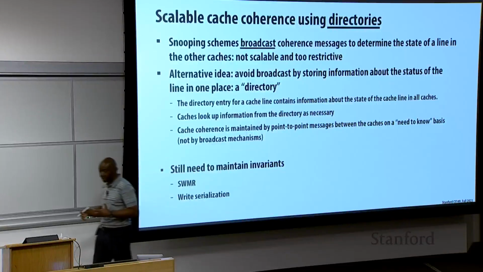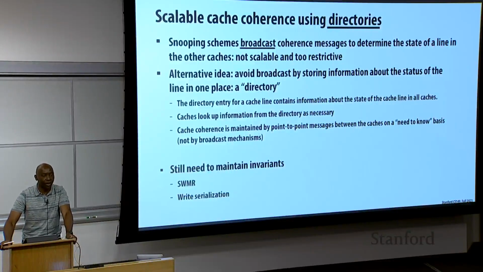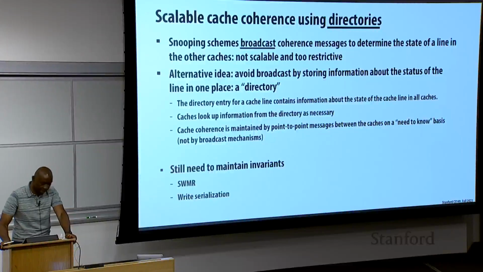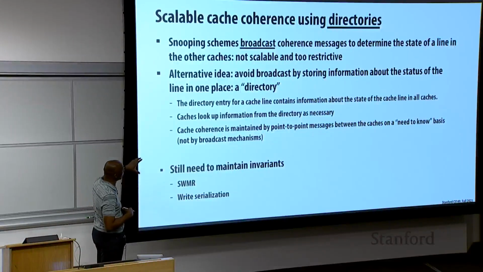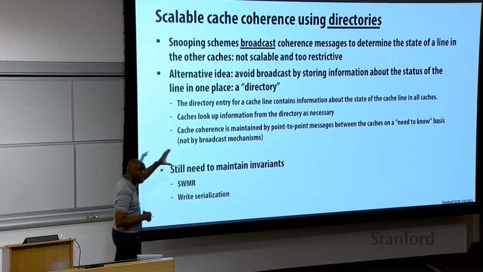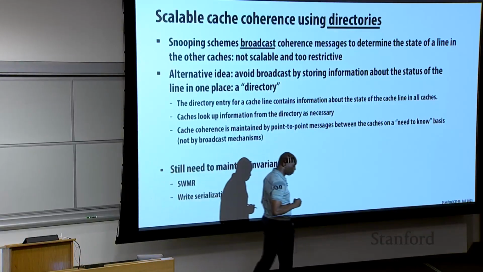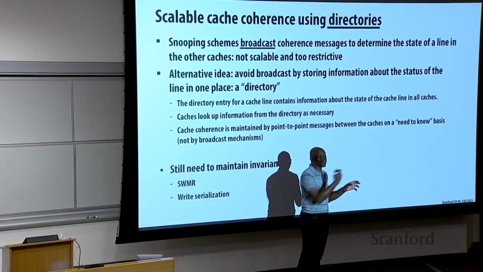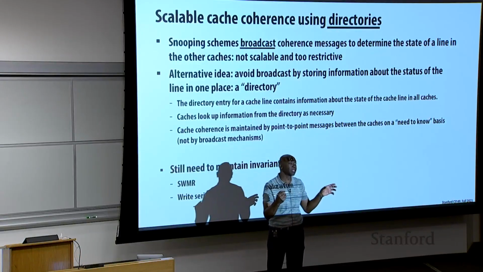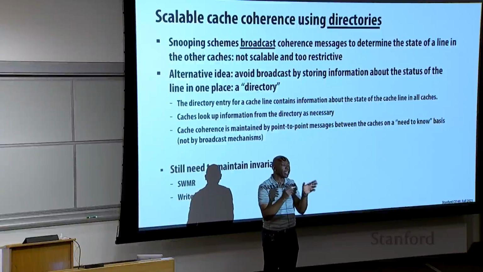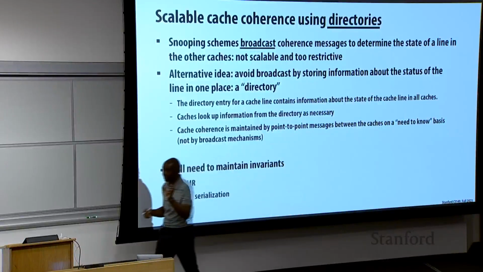All the processors share this interface between the caches and memory, and so you're going to run out of bandwidth. The other issue is that you're serializing the transactions to all the cache lines, whereas we really only need to serialize actions to a particular cache line, right?